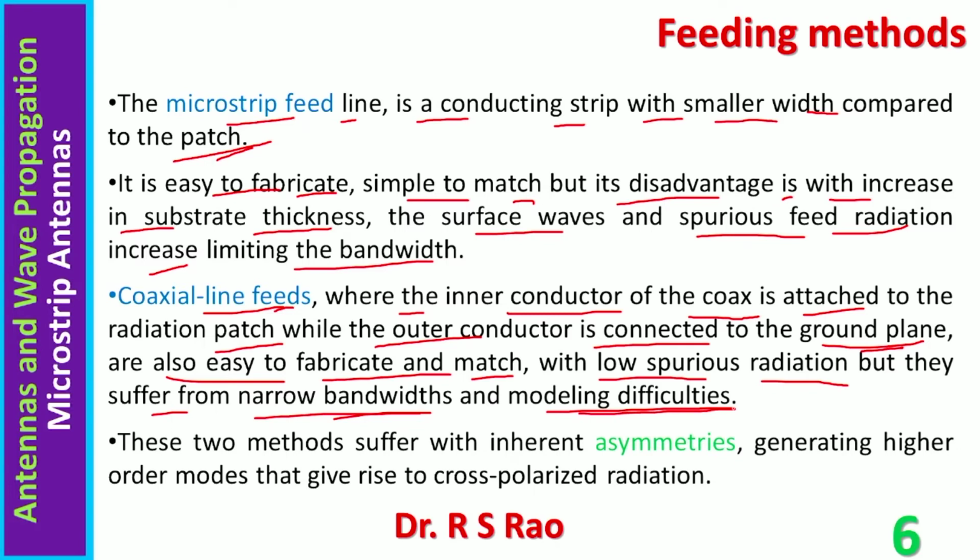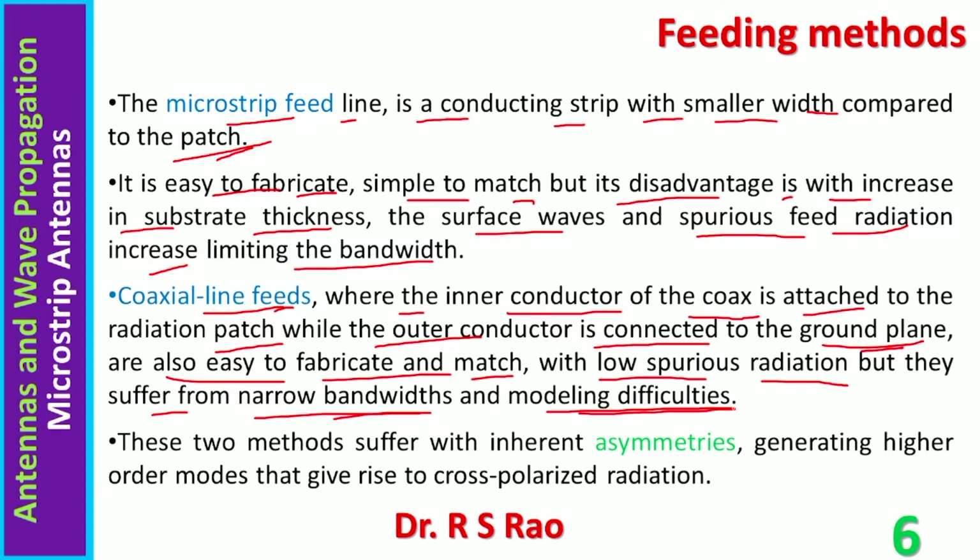Here, it requires to be mentioned that one should not underestimate modeling difficulties. Difficulty, complexity in modeling means difficulty in predicting the behavior, predicting the characteristics, predicting the properties of the device.